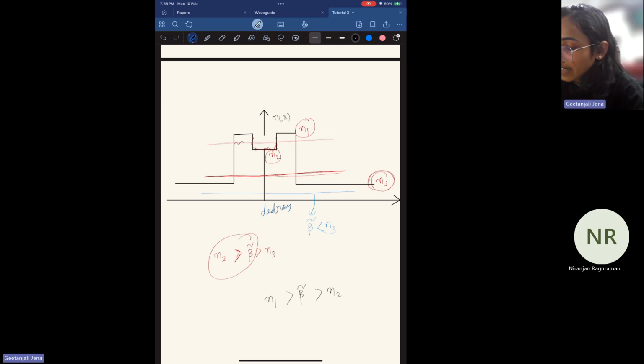So we'll see light guidance in this region. Light will be guided in this region, and it will decay outside the cladding. Is this clear to you?